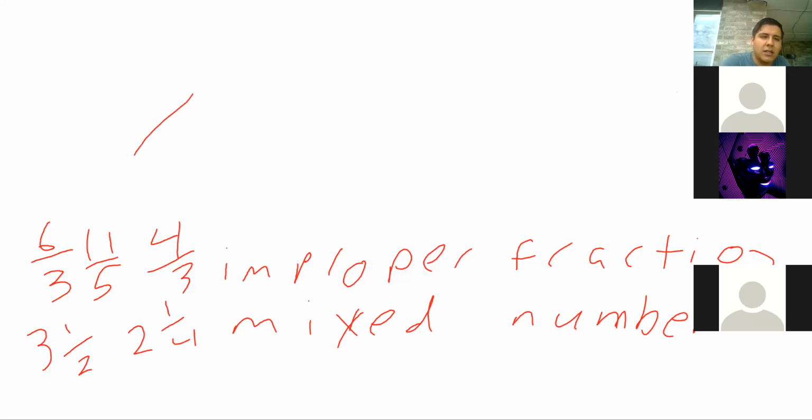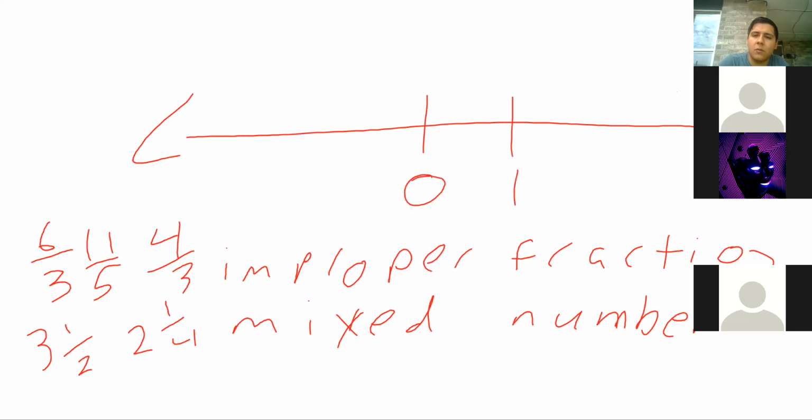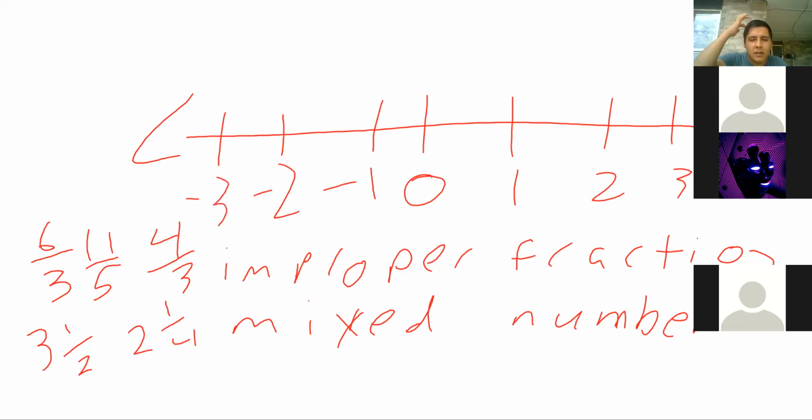So just to visually see, we have a number line, right? 1, 2, 3, -1, -2, -3. Remember from last week, what do we call these numbers? The negatives, the positives, and the 0?